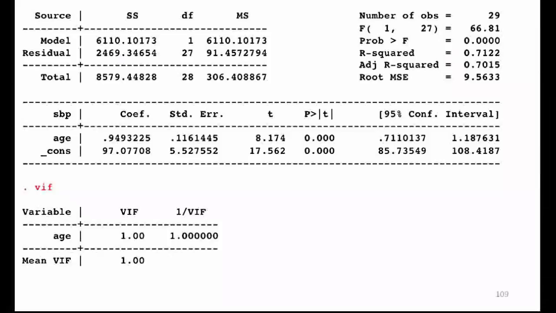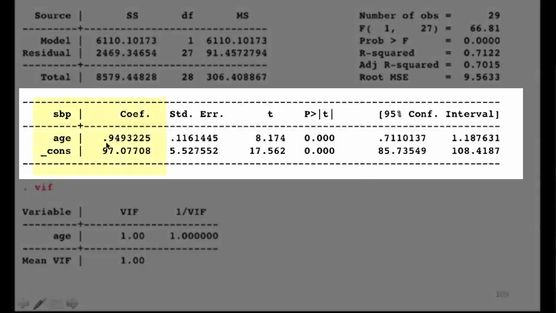It made a big difference to throw out that person, because in the other situation that we saw last week, when we didn't throw out the observation, r squared was only about 49%, if I remember. So here we have 71%. We've explained a much higher percentage of the total variability with this one variable just by getting rid of that outlier. The other thing is that here are the coefficients for this model, and you can see that the model is 97.08 plus 0.95 times age.